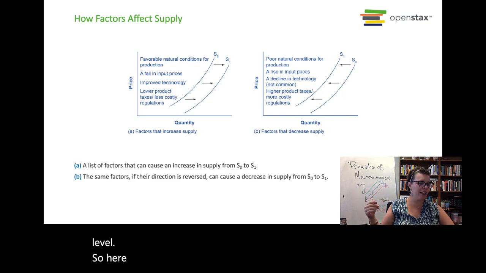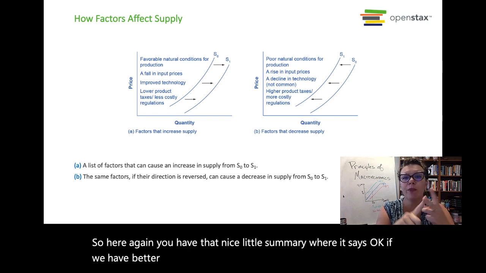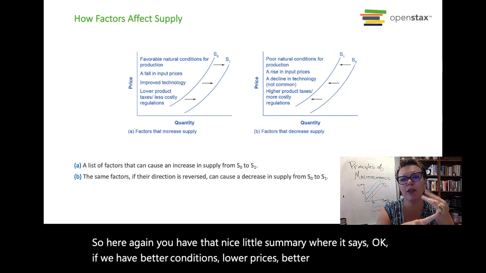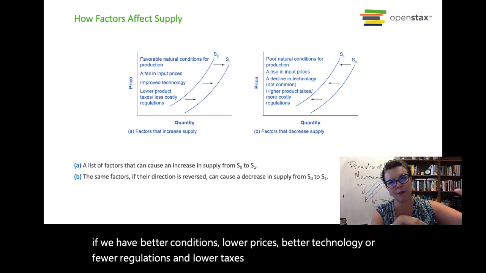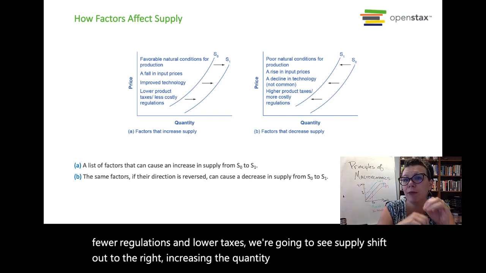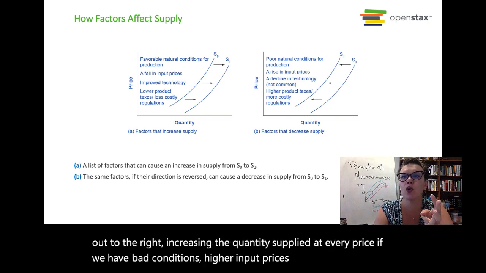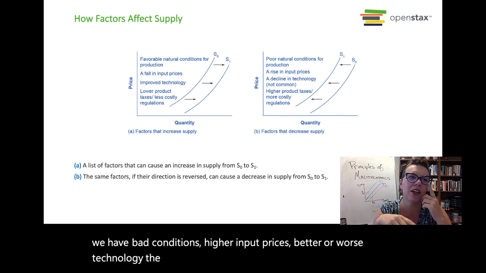So here again, you have that nice little summary where it says, okay, if we have better conditions, lower prices, better technology, or fewer regulations and lower taxes, we're going to see supply shift out to the right, increasing the quantity supplied at every price. If we have bad conditions, higher input prices, worse technology. The example I always do is if there's a natural crisis.